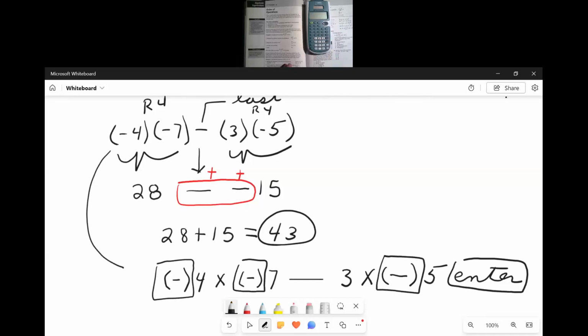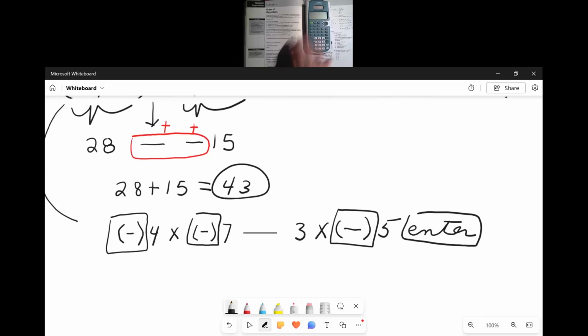So let's try that out to see what's going to happen. Okay, let's start off with a fresh machine here. Clear this. Negative 4 times negative 7, take away 3 times negative 5. So let's look at this closer to see how we're doing.